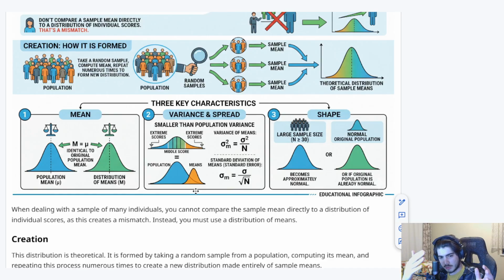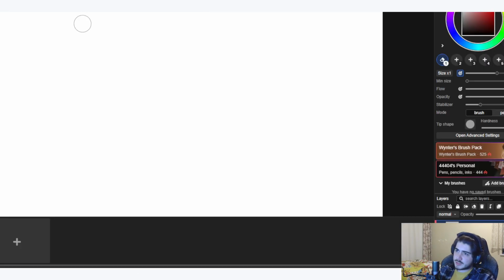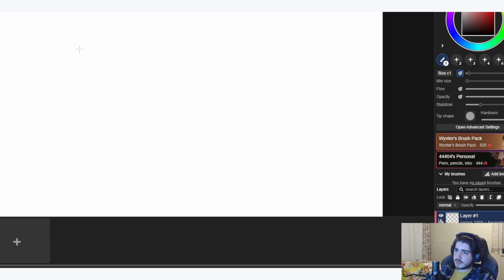We can use it on z-scores. We can use it for comparisons. We are taking the standard deviation because it's a unique identifier for our original population. And then we are taking the square root of n, and then we get the standard error.